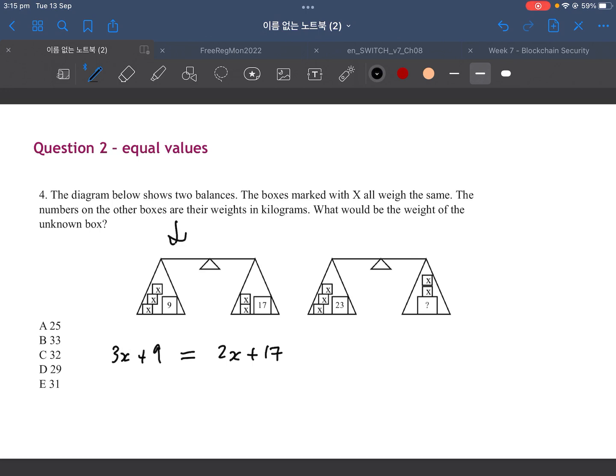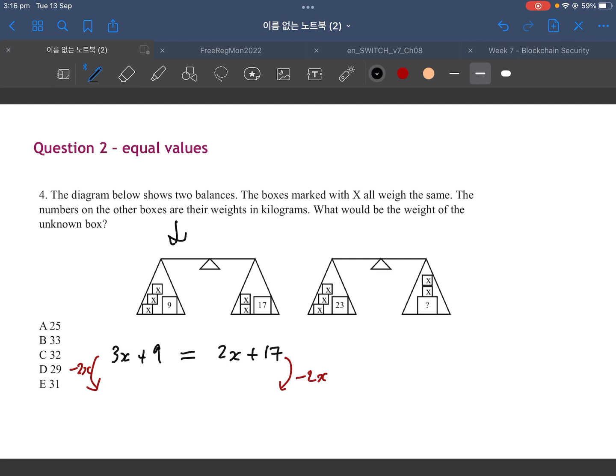So how do we do that? We subtract 2x from one side. So I'm going to minus 2x from both sides, to get rid of the 2x from the right side. If this is your question, why can't I minus 3x first? As in, why can't I get rid of the 3x to the other side? You can, but you'll just end up with negative x equals some negative value.